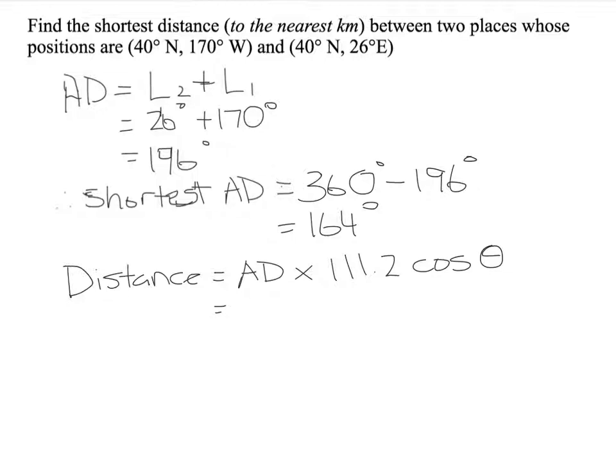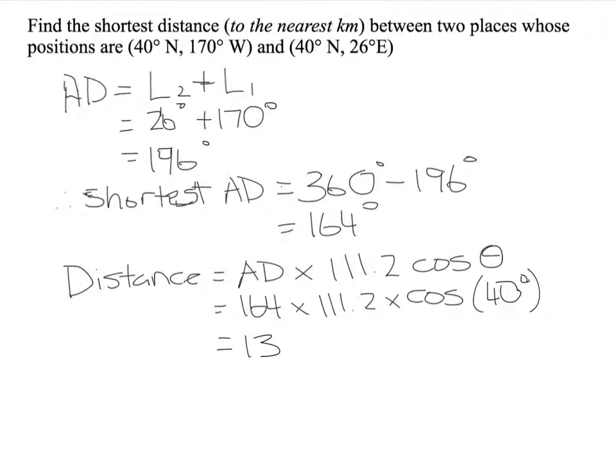Now I just sub in, so my shortest angular distance is 164 multiplied by 111.2 multiplied by the cosine of, and if we look back up here, this is our latitude, the one that's the same, 40 degrees. Once I calculate that, I basically get 13,970.2 kilometres.